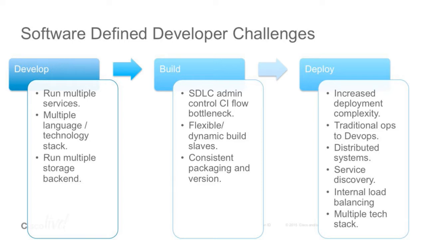They also have to build their application, and that environment usually is some kind of software-defined lifecycle that has bottlenecks and control points built into it that slow down that process, and you want to address those bottlenecks and automate and orchestrate them as much as possible. And you want to have a consistent packaging. No matter where you deploy the software, you need a consistent way to deploy that software. On the deployment side, the ability to include different internal network services and application services is important.